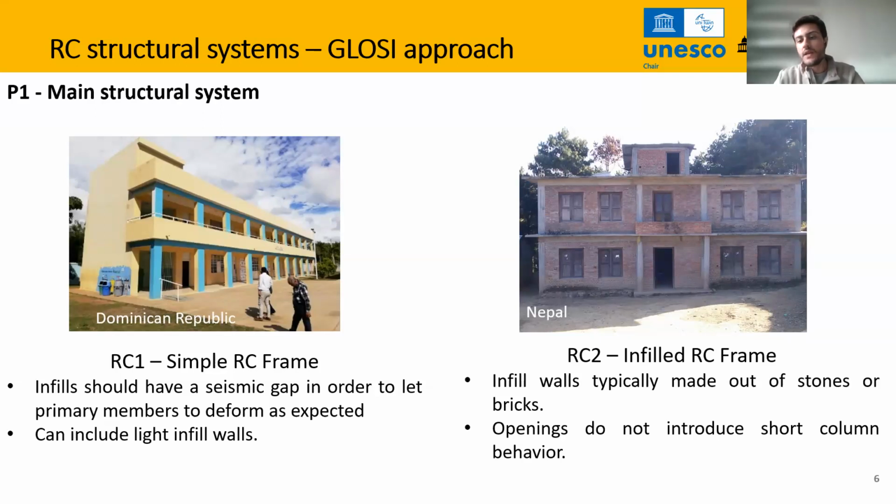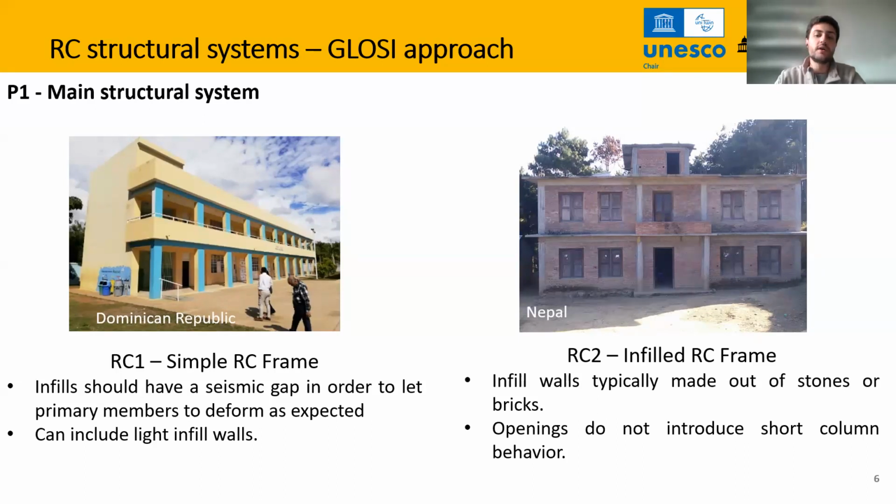So when we go to the second category, the infill frame, in the GLOSI approach it is divided into different conditions. The first one is called RC2, in which we have infilled RC frames that have masonry infills and some openings, but the openings will not introduce any short column behavior.